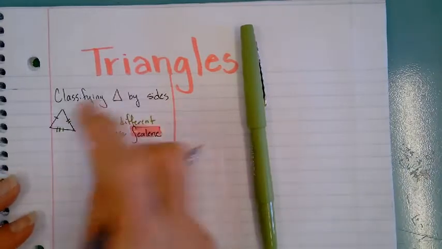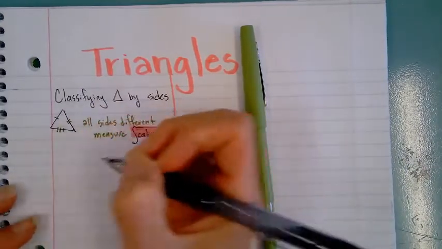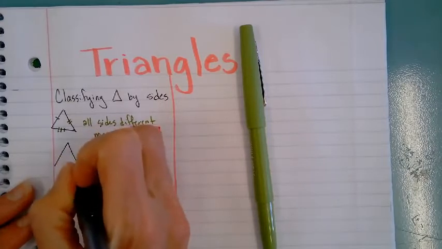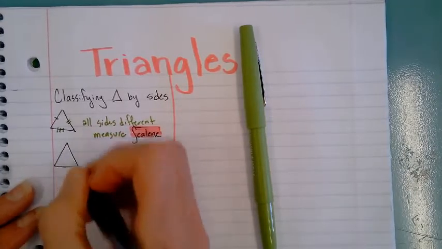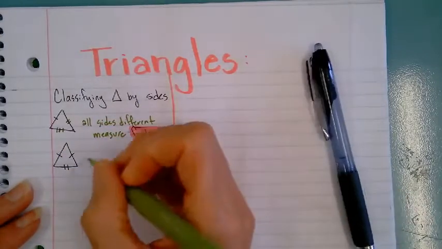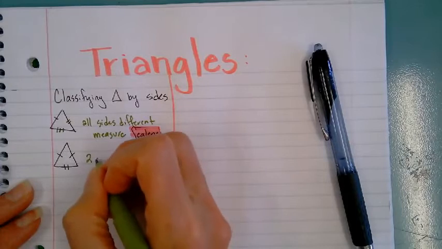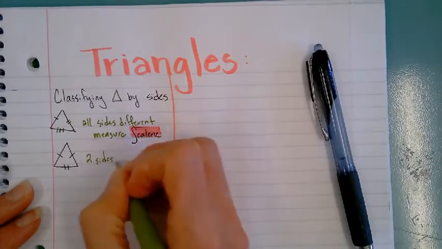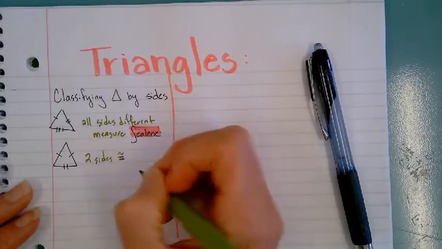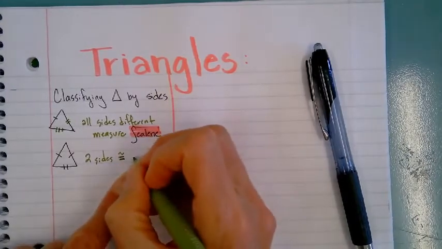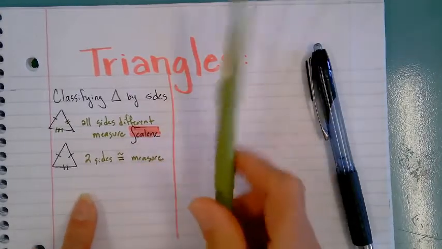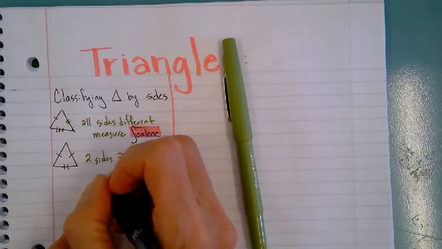Okay, next, because we have 3 triangles we can classify by their sides. We have a triangle where 2 of the side lengths are the same and one is different. So 2 sides equal or congruent. That's a sign for the same in geometry, congruent measure. We call that an isosceles.